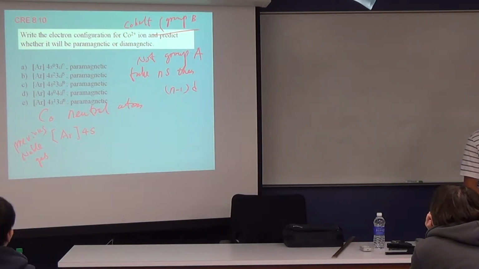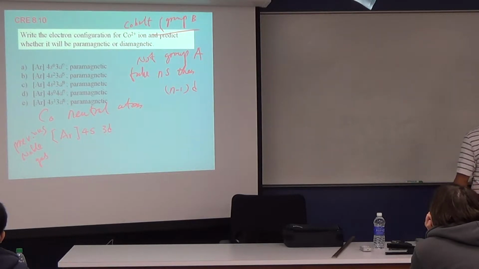Right? And you might use d, or you might just jump over to the p. But starting on the 4th period, you're going to use the d. Right? Now just be careful. The number for d is one less than the period. So therefore we have the 3d.